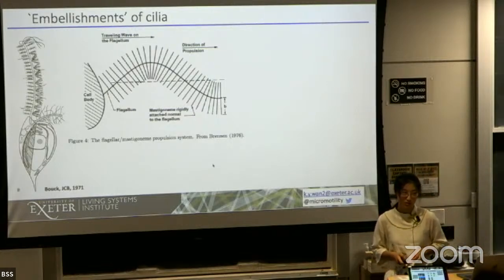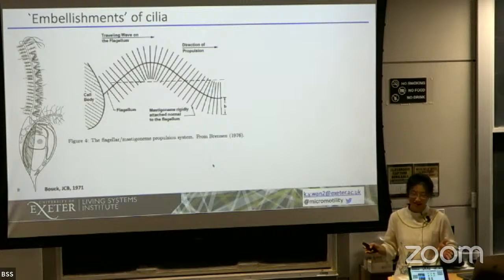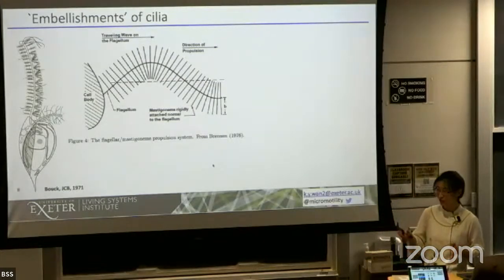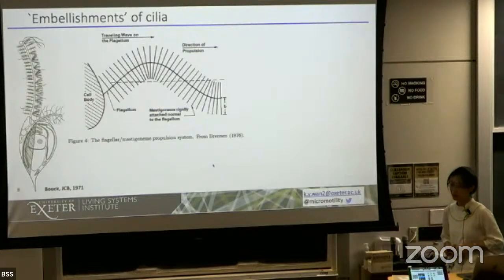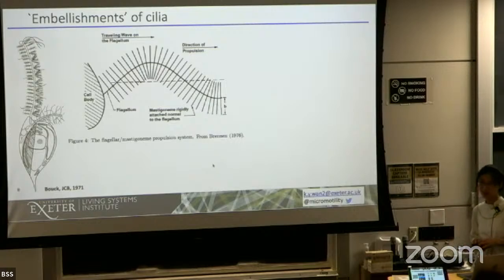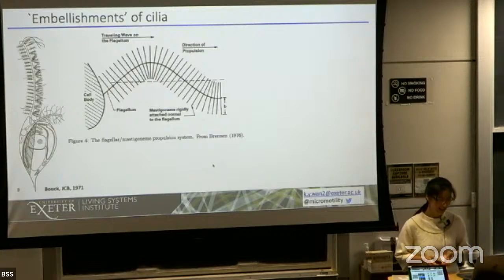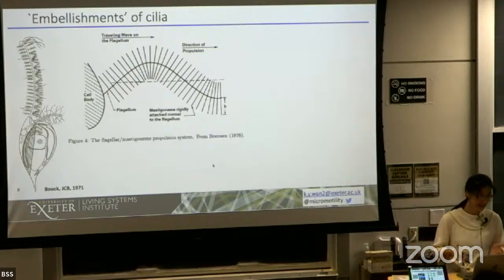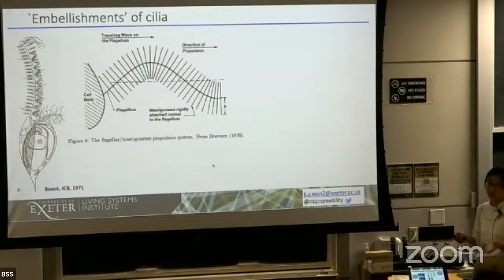So imagine that you embellish the rod now with many rods aligned perpendicular to the main axis of the cilium. Unlike the cilium itself, these mastigonemes don't have motility intrinsically. It's not that these filaments are able to move. They're just passively carried along. They're features of the morphology of this structure.